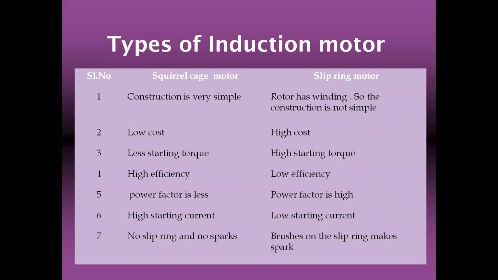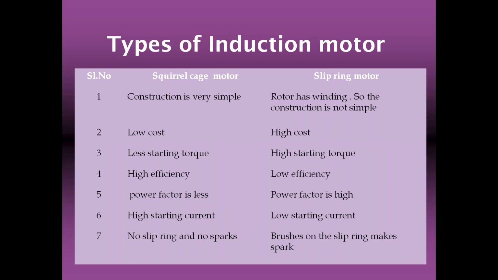For the slip ring motor, cost is high and construction is complicated. There is sparking on the brushes, so higher maintenance is required. But it has a high starting torque and high power factor at starting, and low starting current, so starting performance is good for slip ring.